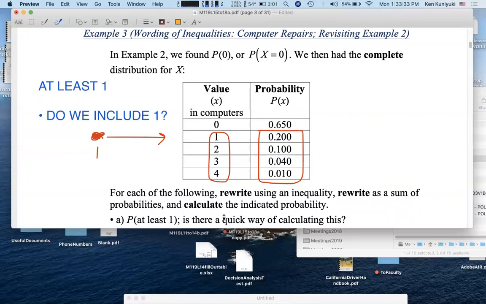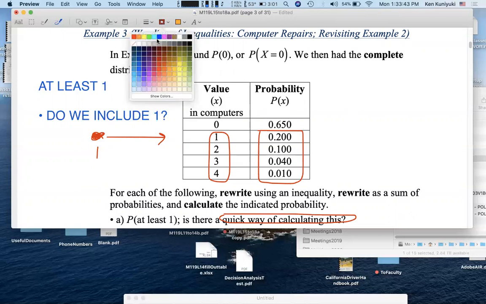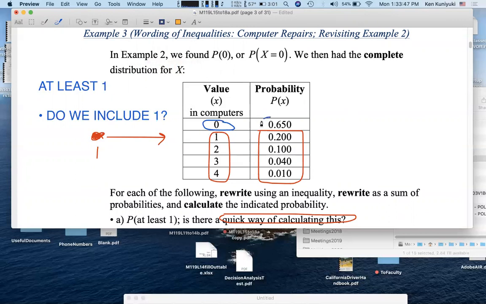Also, what's a quick way of calculating this? I mentioned the idea before. Consider the complement, the probability that no computers are broken. Its probability is 0.650. So a quick way of finding the desired answer is to just take 1 minus 0.650.